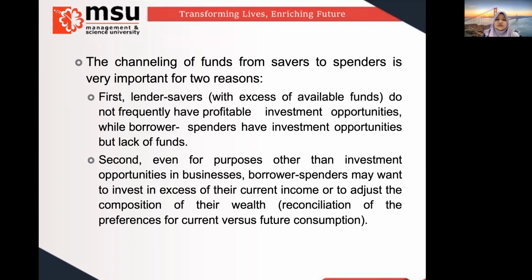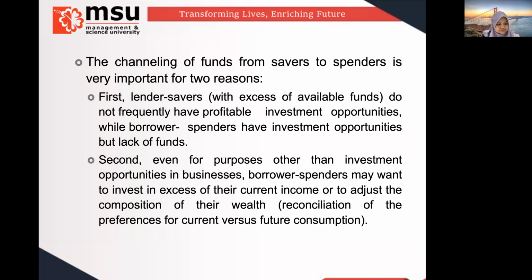The second reason, even for purposes other than investment opportunities in business, the borrowers, which are the spenders, may want to invest in excess of their current income or to adjust the composition of their wealth, or we call it a reconciliation of the preference for current versus future consumption. What it means is that the value of money today is better compared to tomorrow's value.